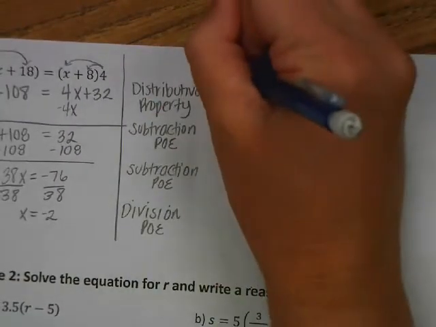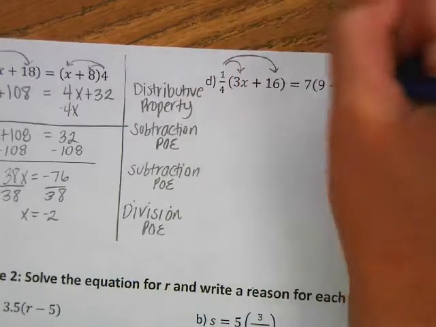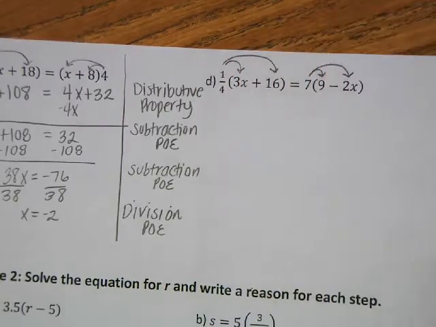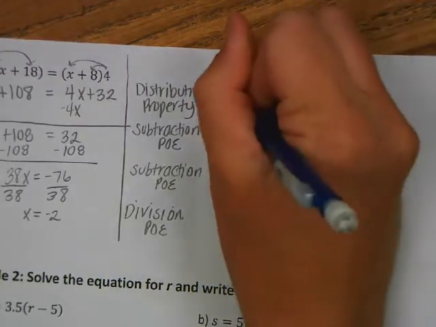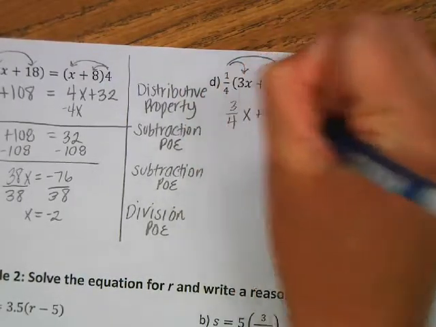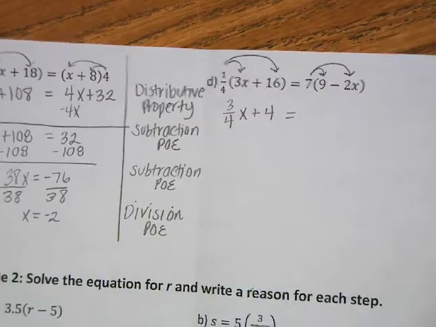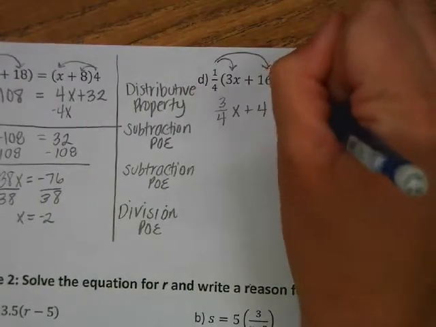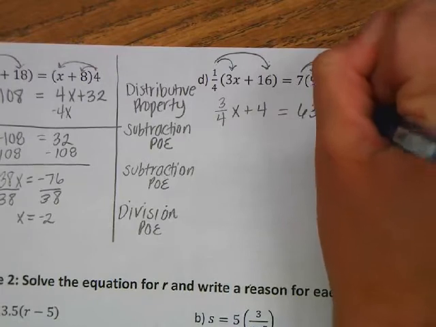Okay, part D, we also have distributive property on both sides again. So on the left, when you distribute, you're left with 3/4 x plus 4. And on the right side, when you distribute, you're left with 63 minus 14x.